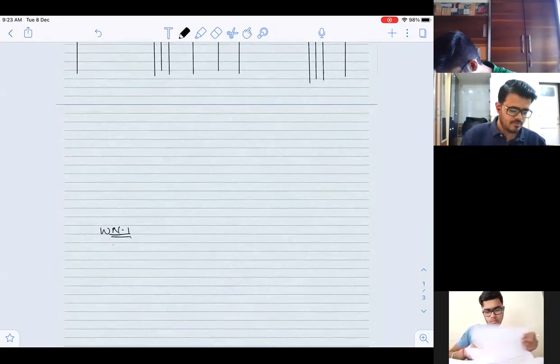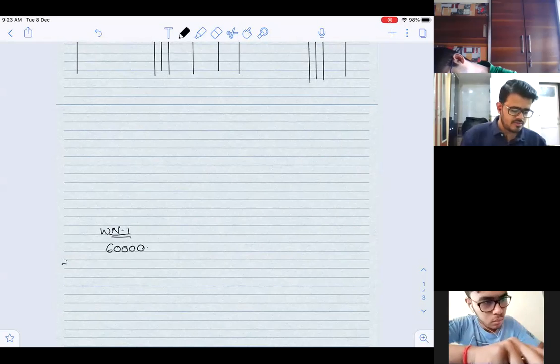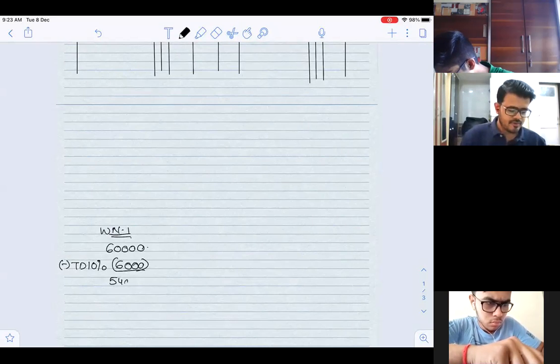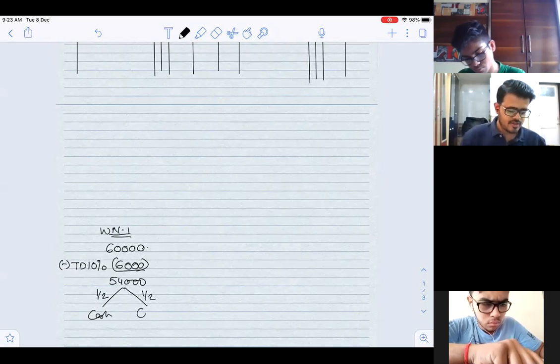सबसे पहला तो you bought it of 60,000. 60,000 पे less 10% TD, that comes to 6,000. Subtract it, you get 54,000. 54,000 पे half कर दो. So half is cash, half is credit.